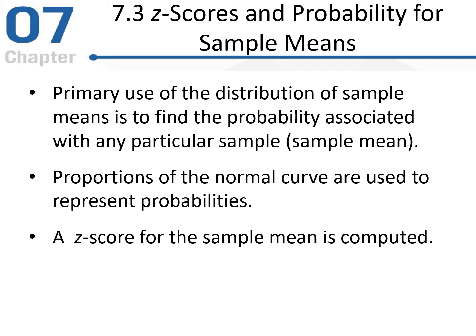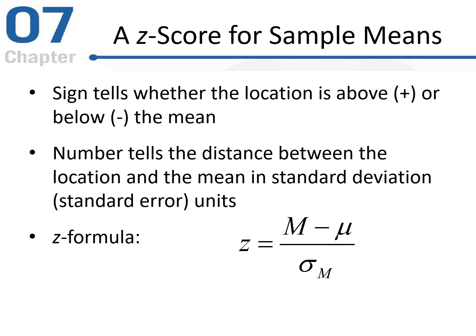Then I compute z, and I use the same table that I used before. The sign of the z determines whether it's above or below the mean, and the number tells you the distance in terms of standard error units, above or below the mean.